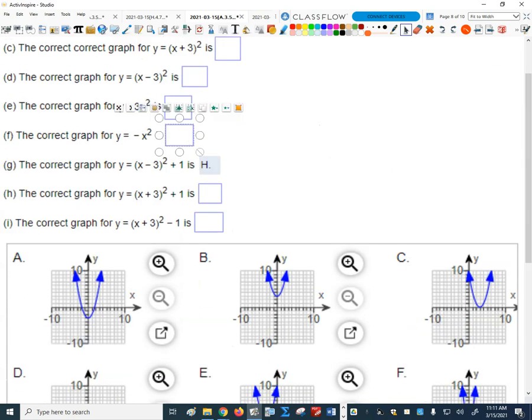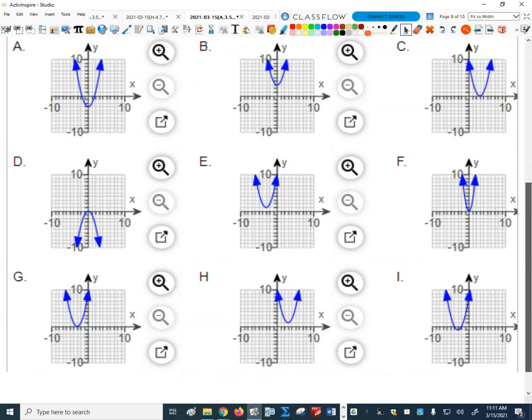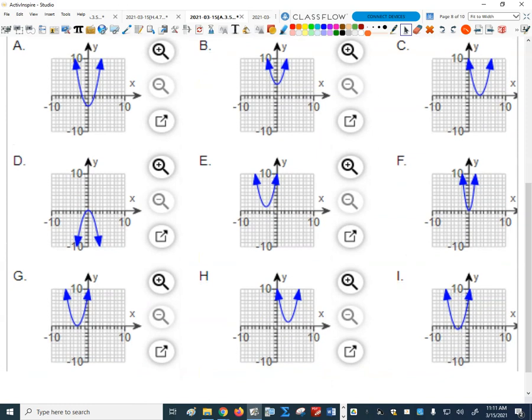Okay, so this guy was a D. How about we'll look at E. Which one is 3x squared? So y equals 3x squared is what we're looking for. Which one would that be? Kind of hard to see those, but if you think about it, only one of those could be right.